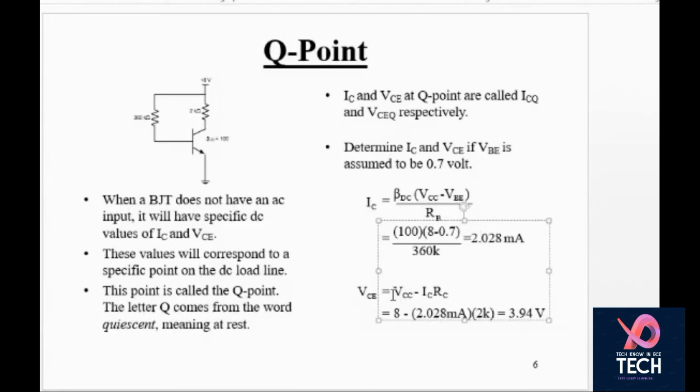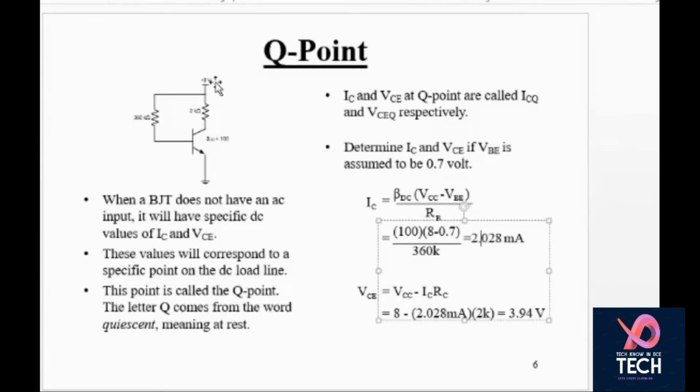Once again, I am repeating this entire sequence: how you can calculate the Q point if values are given to you, and vice versa. Vice versa means the values of the Q point are given to you and you are supposed to calculate the values of RB and RC. First, please note down the values given to you in your notebook so that you can solve it on your own and get a very good idea.